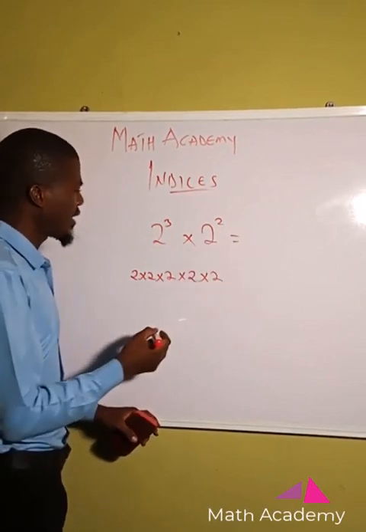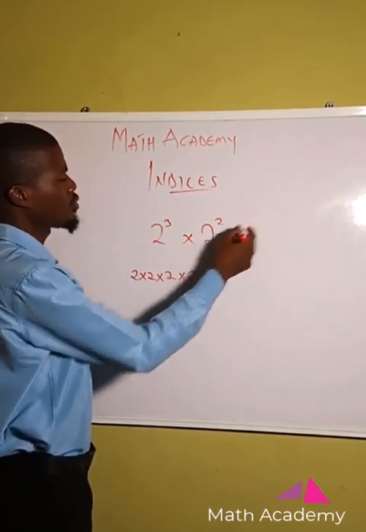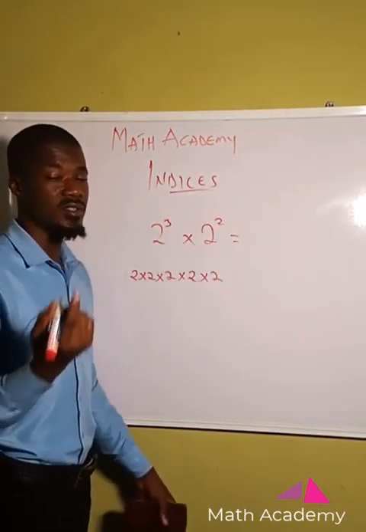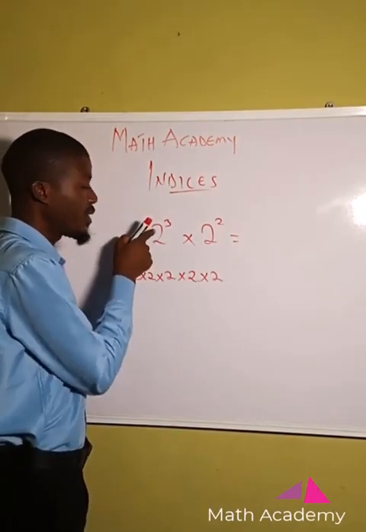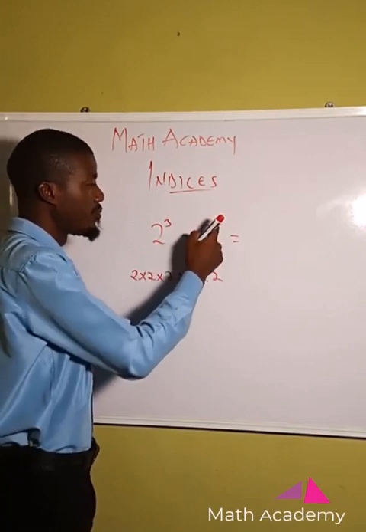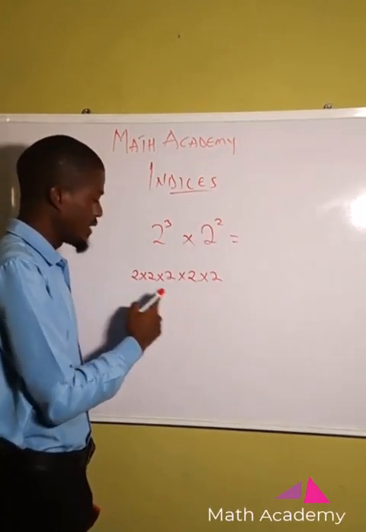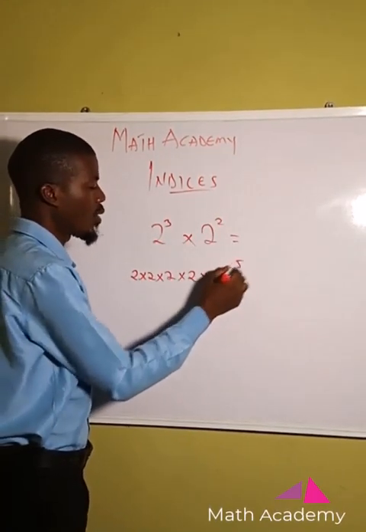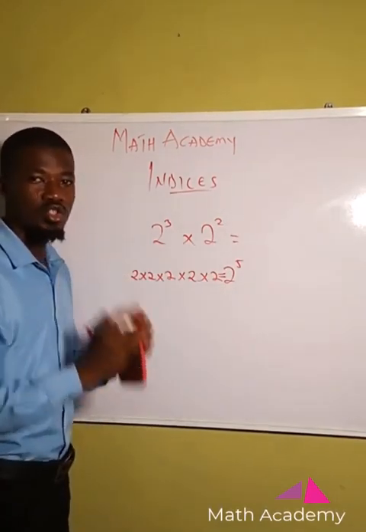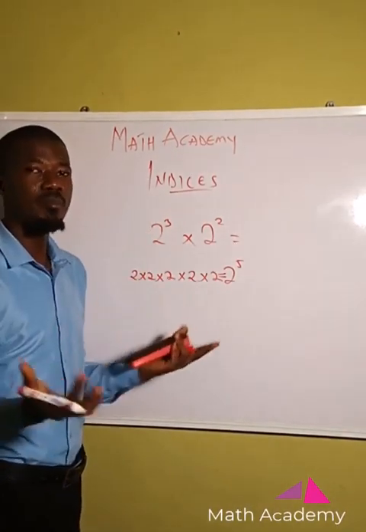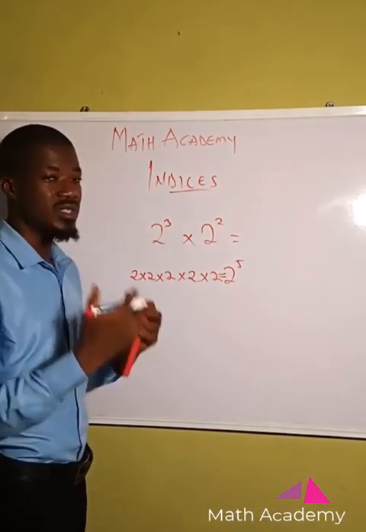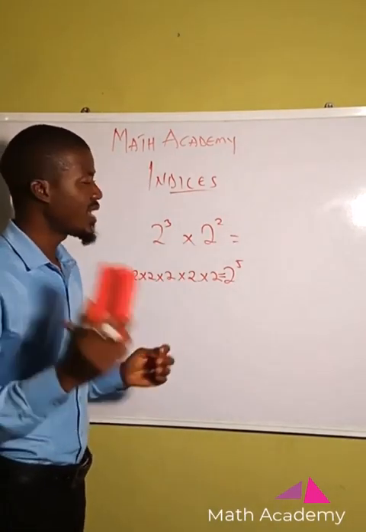But some students will look at it and say 2 times 2 is 4, 3 times 2 is 6. That is not right. So for you not to go through the stress of breaking this down into a number of places and then determining that this is 2 raised to power 5, there are shortcuts, rules guiding indices that have been compiled, that when you apply them, you automatically arrive at your answer.